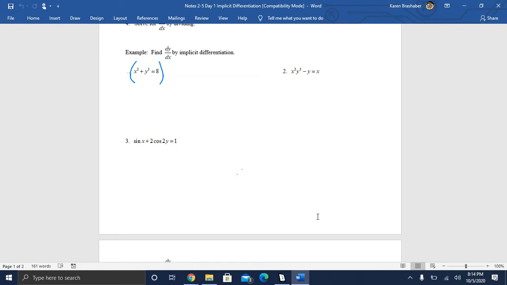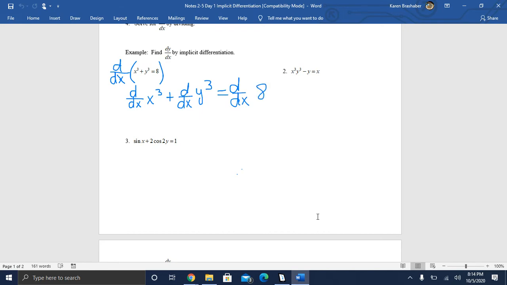And do the notation that I'm taking the derivative with respect to x of that entire equation. And so just to demonstrate, that means that I'll be doing the derivative with respect to x of x to the third plus, and then the derivative with respect to x of y to the third, and then equals, the derivative with respect to x of 8.